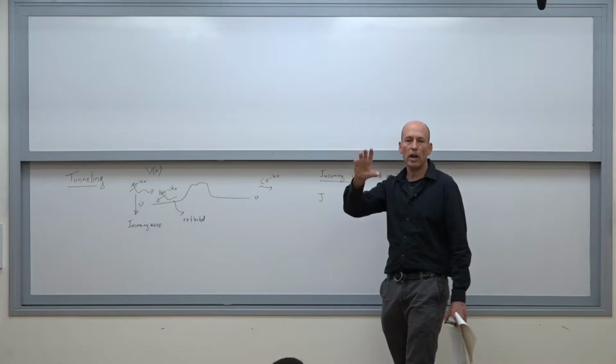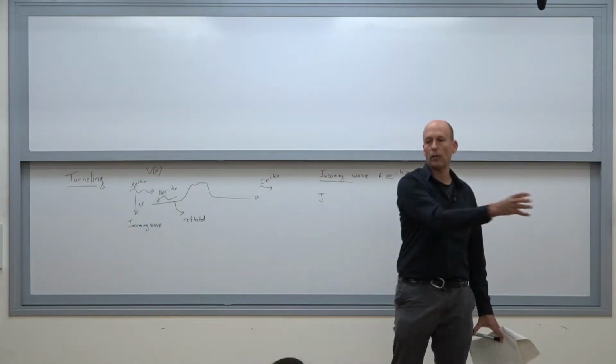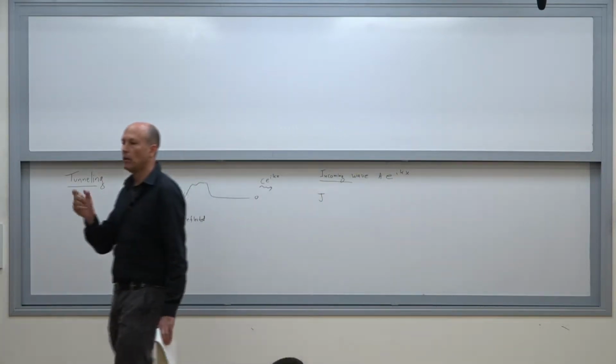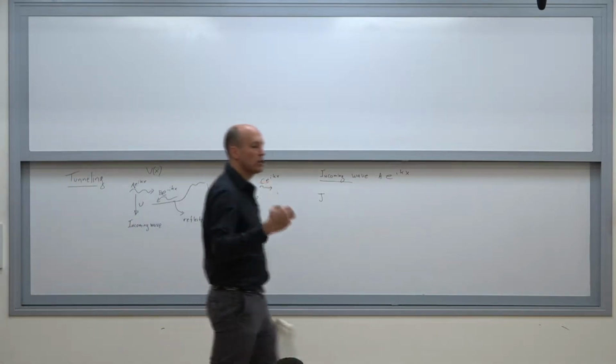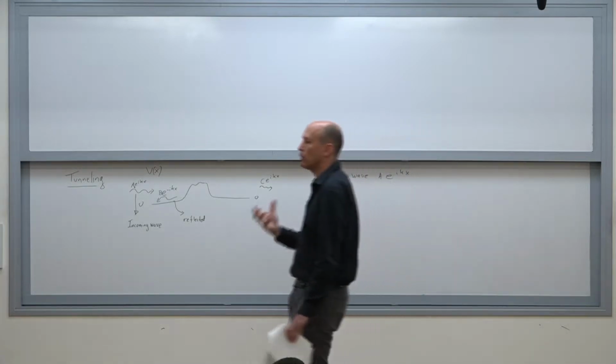How does it change? You have some current coming into this region, and some current going out of that region. Then div j will be equal to the change in the density of particles in this region. So it was just conservation, like conservation of mass.